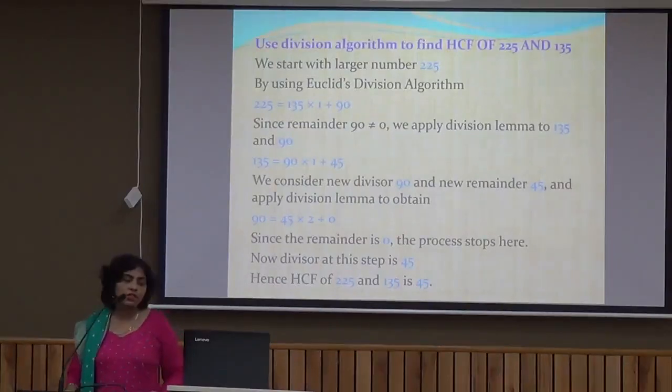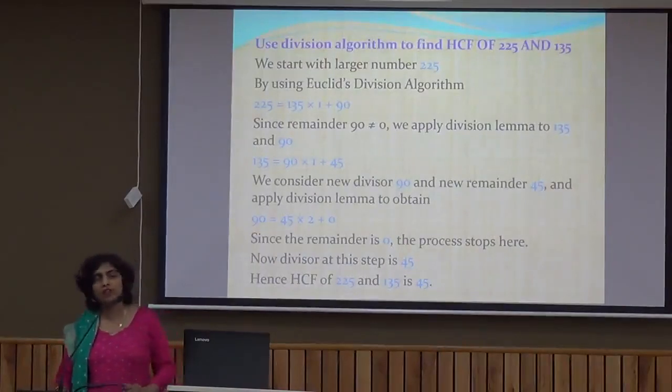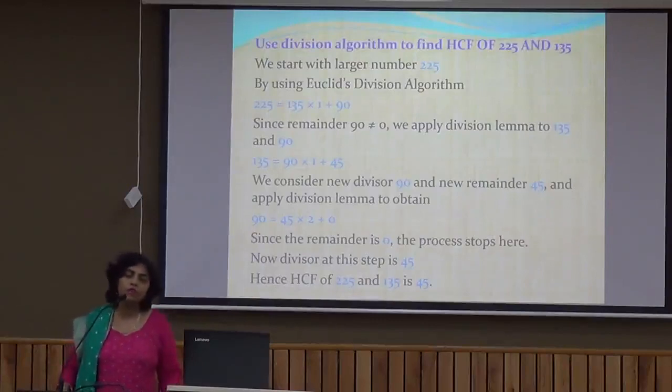So our quotient is 1 and remainder is 90. The remainder is not equal to 0. So now we apply the lemma again on 135 and 90. We divide 135 by 90 to get 135 as 90 into 1 plus 45.